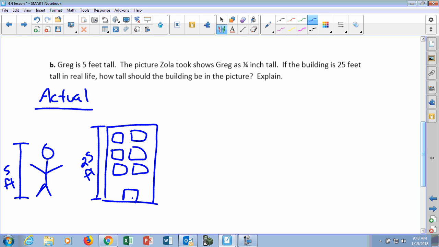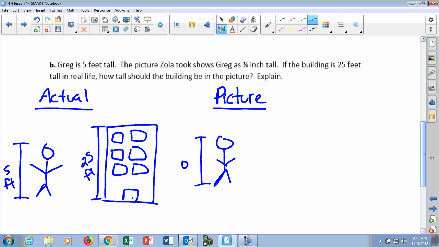Now, there's something here to deal with the picture, right? The picture Zola took shows Greg as 1/4 inches tall. So we draw Greg again. How tall is he in the picture? Right, we can write it as 0.25 feet, right?